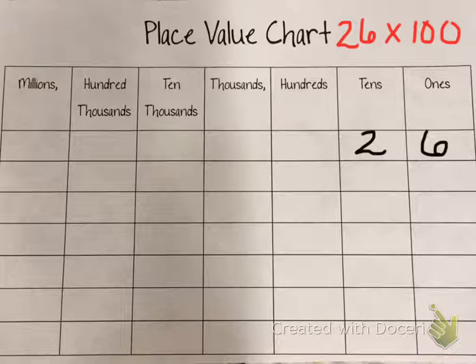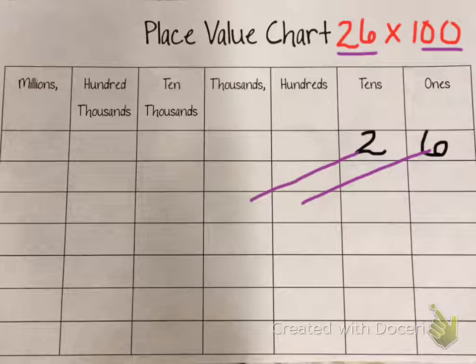So when I have 26 times 100, notice that I have 2 zeros here. So when I multiply a number by 100, my digits move 2 place values to the left. 1, 2, 1, 2. So my 2 goes over here, my 6 goes over here. I put a 0 in the tens place, and I put a 0 in the ones place.